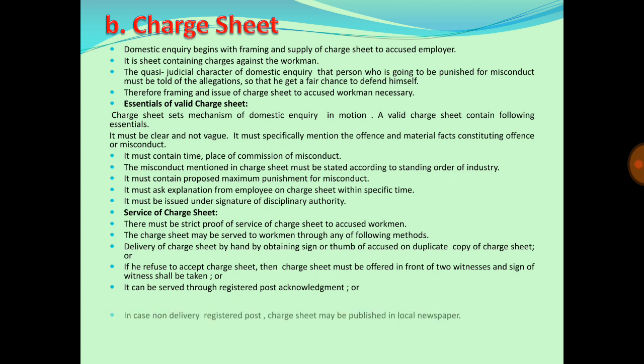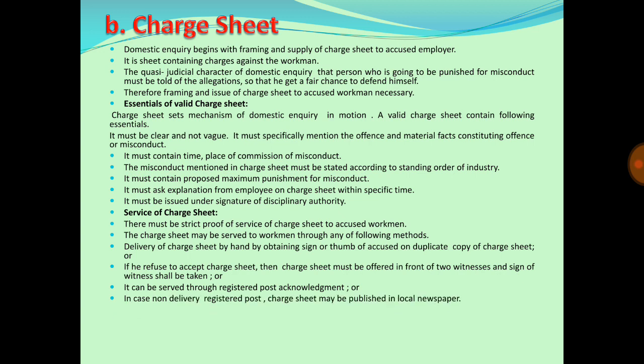So these are the three methods through which the charge sheet should be served to the workman, because it is a rule of natural justice that the person should be informed in advance about the allegations and about the inquiry. In case delivery is not possible even by registered post, then the charge sheet may be published in a local newspaper.